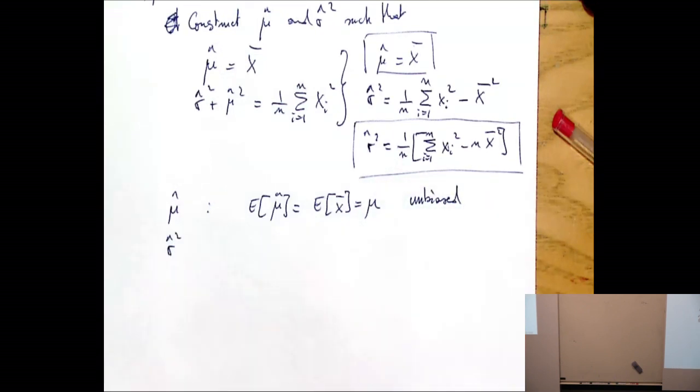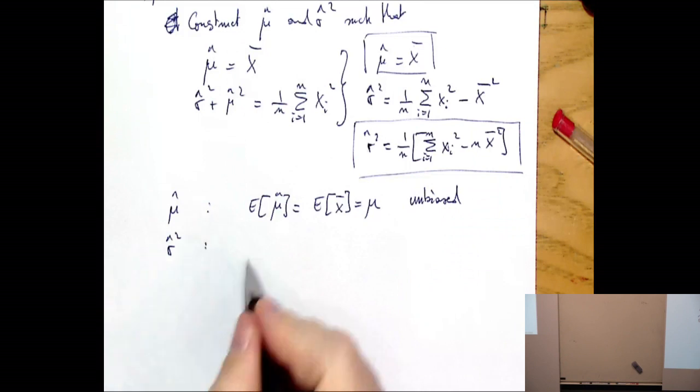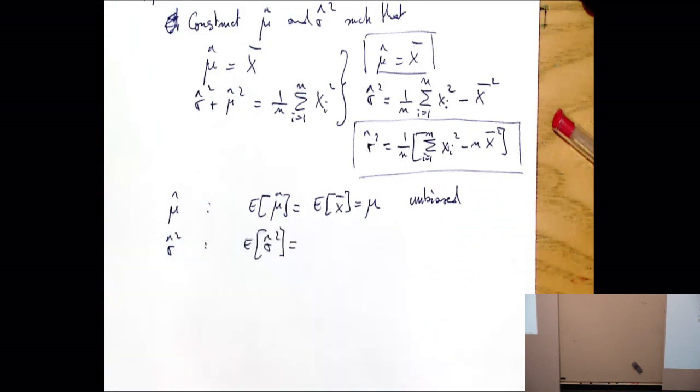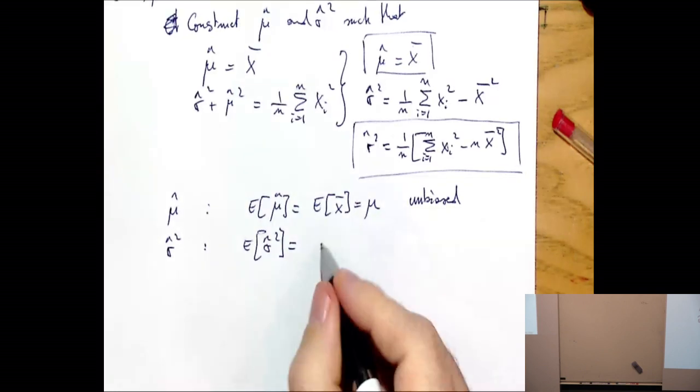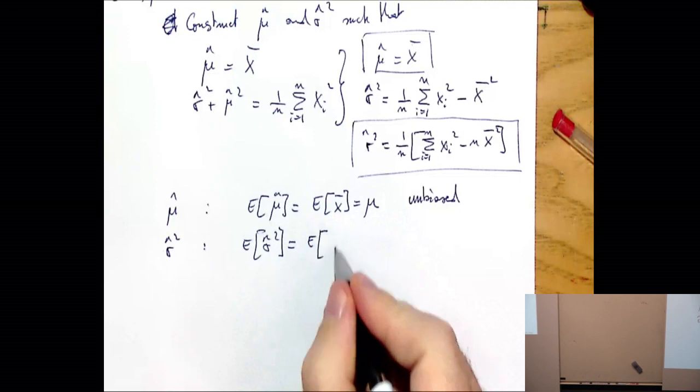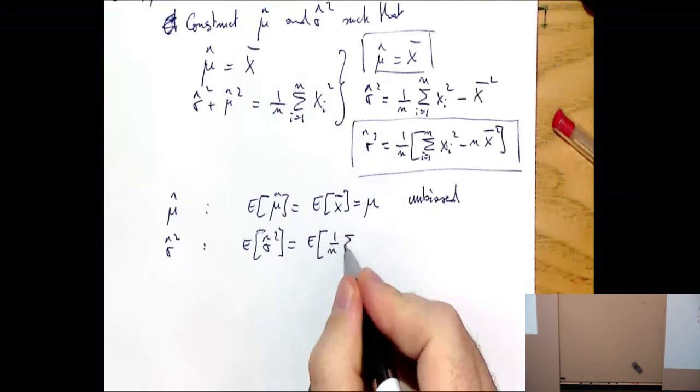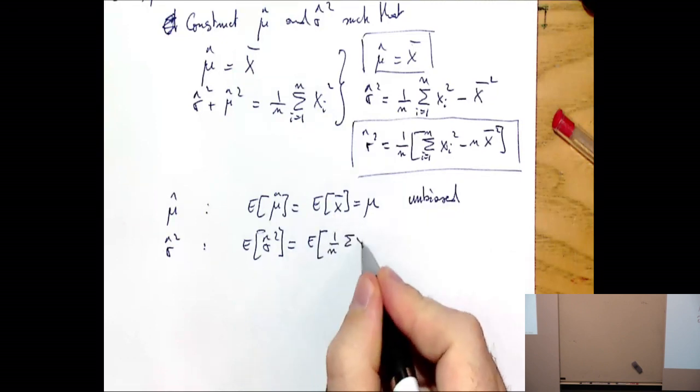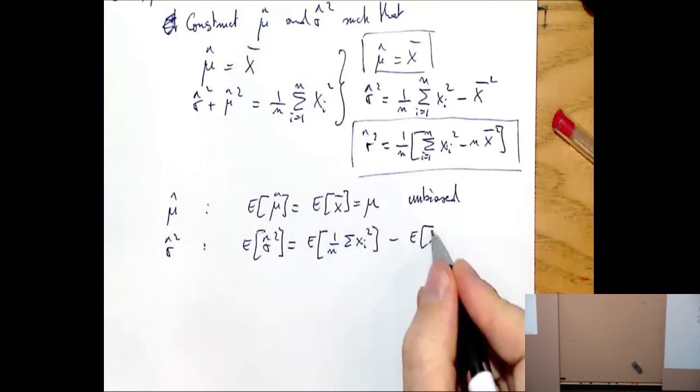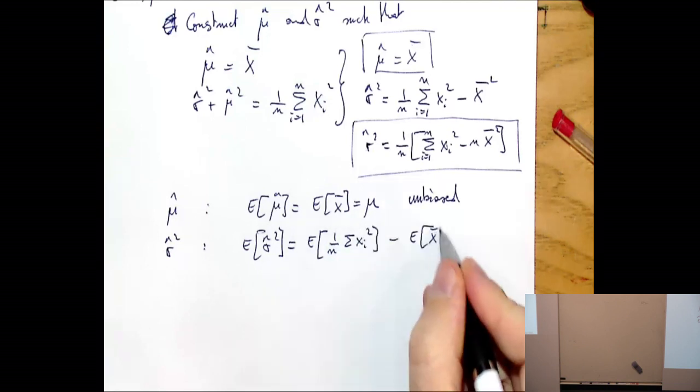Sigma hat square, what do we have here? Expectation of sigma hat square is expectation of 1 over n sum xi square minus expectation of this.